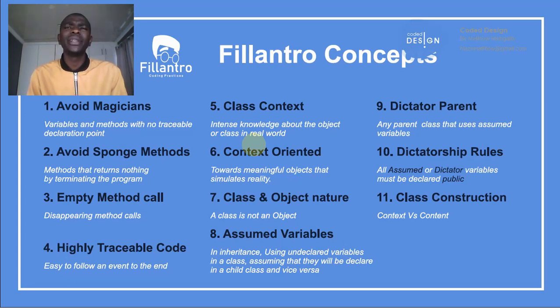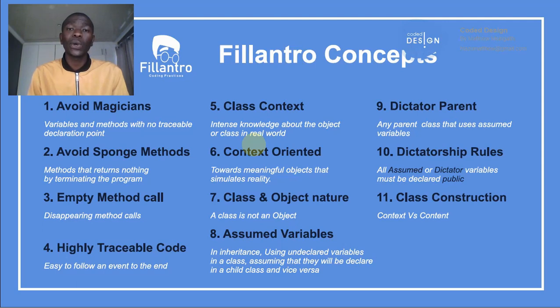Instead of having a class, let's say create order, that just creates an order and that's it, or it retrieves a list of orders and that's it, I think there is more to an order class than just creating and retrieving an order. So I think point number 6 pushes us towards meaningful objects that simulate reality.